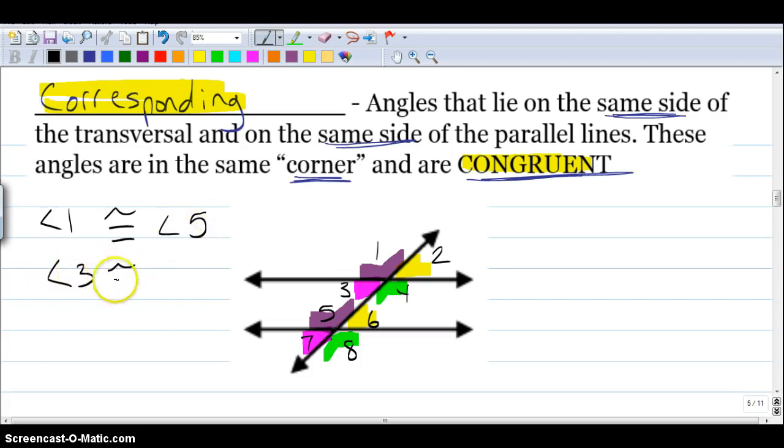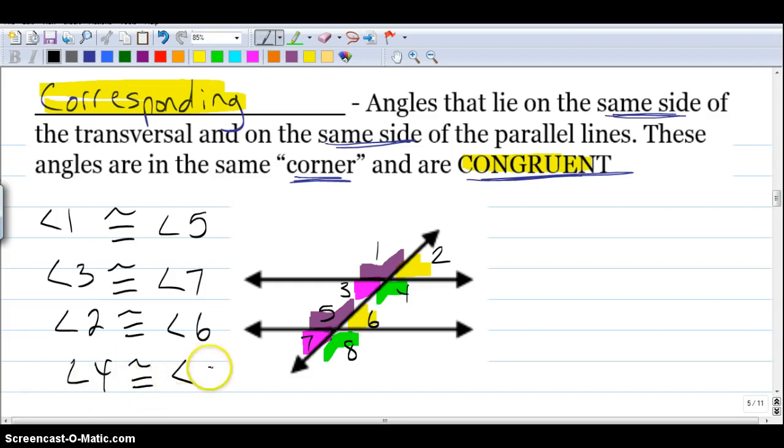Angle 3 is congruent to angle 7. Angle 2 is congruent to angle 6. And angle 4 is congruent to angle 8. That's the first type of angle pairs.